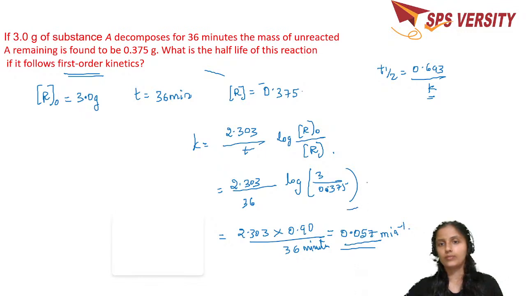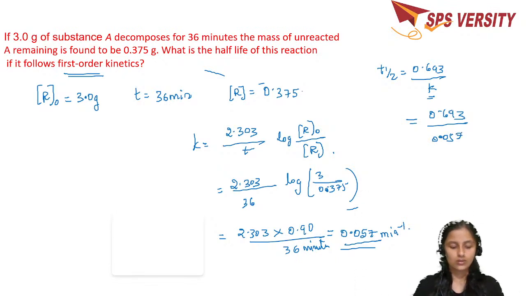Then you divide 0.693 by 0.057, so that will come out as 12.15 minutes.